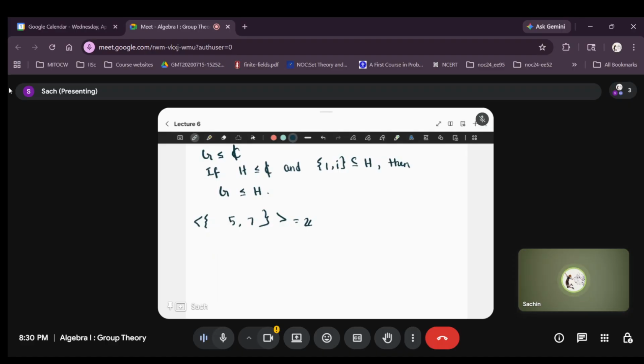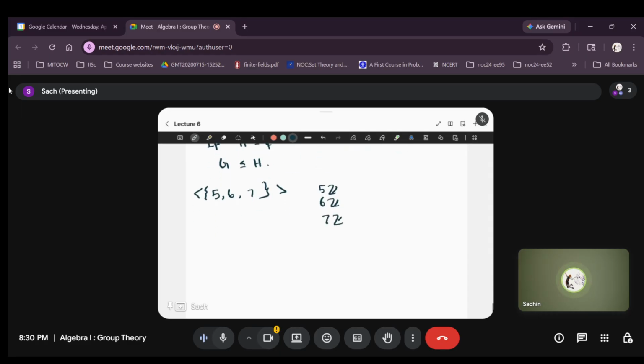So we could try by taking out 5 and 7, taking out 1 and introducing some other number, maybe 5, 6, 7. So this should contain 5 and all multiples of 5. It contains 5z, contains 6 and all multiples of 6. It contains 7 and all multiples of 7.